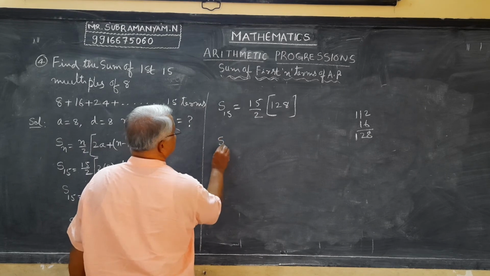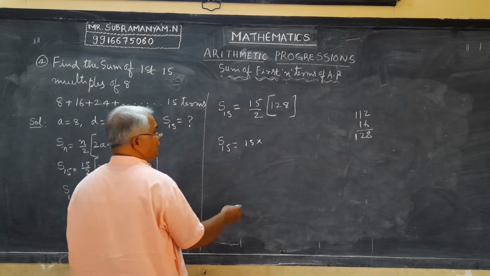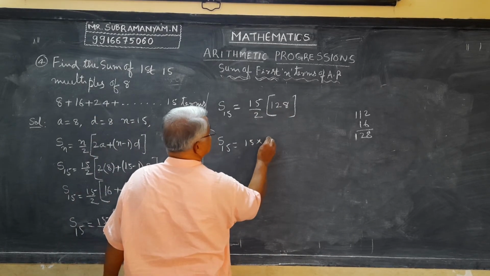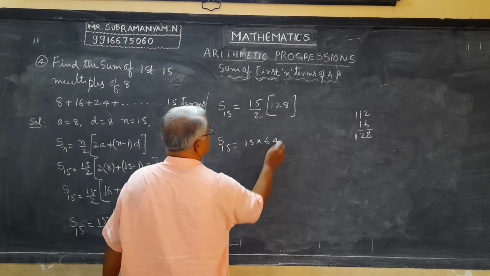S15 equal to 15 into, simplify, cancel, 2 6s are 12, 2 4s are 8.